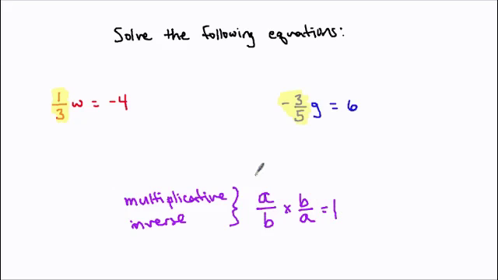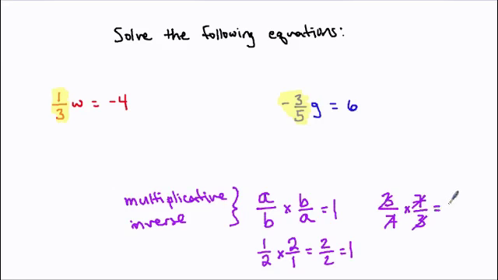Just as a quick example, if we had 1 over 2, the multiplicative inverse is 2 over 1, which is 1 times 2 is 2, 2 times 1 is 2, which equals 1. And likewise, if we had some weird numbers, let's say 3 over 7, the multiplicative inverse, or the reciprocal, is 7 over 3. And if you remember from other fraction work, we can cross cancel and cross cancel, which gives us a value of 1. So we're going to make use of the multiplicative inverse when solving these.